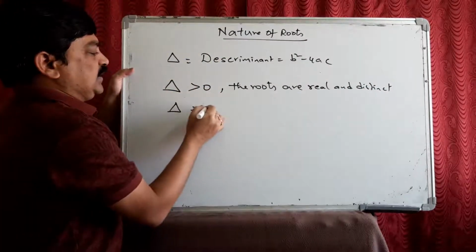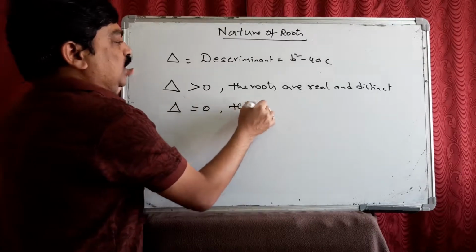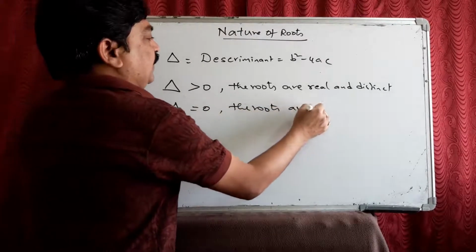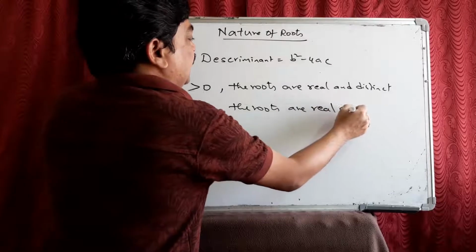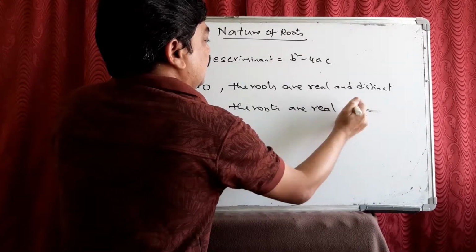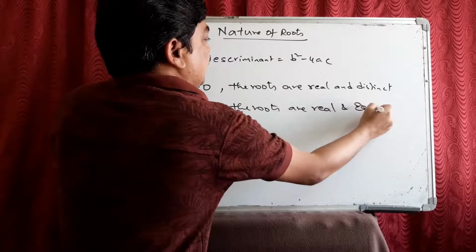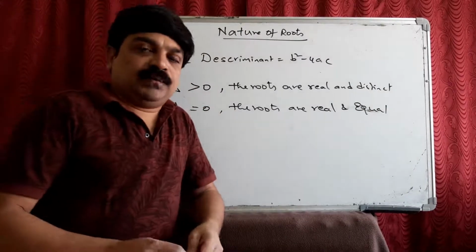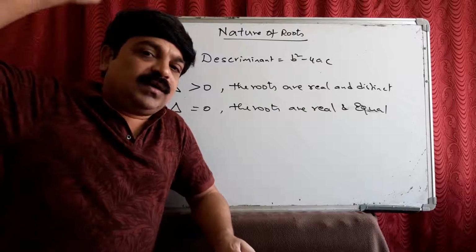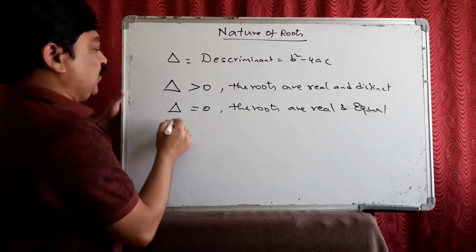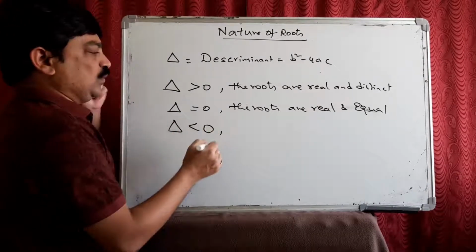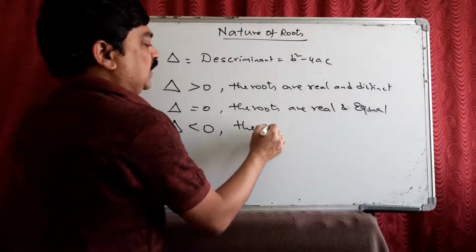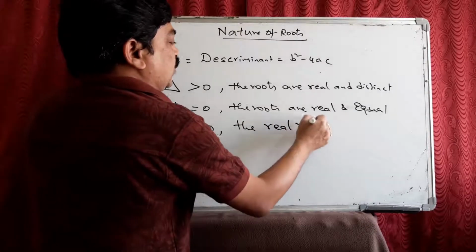If this is equal to 0, the roots are real and equal. Why am I writing real always? Because whatever numbers you take, you have to take from the set of real numbers. Now, if this is less than 0, the real roots do not exist.